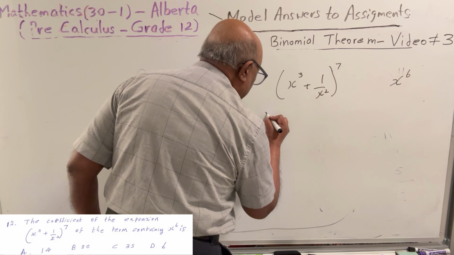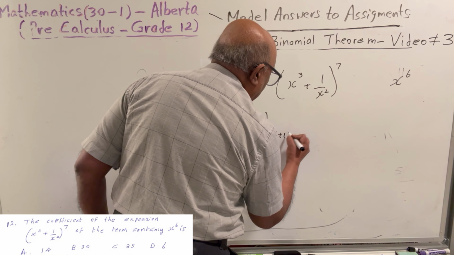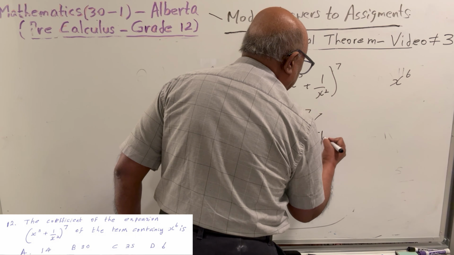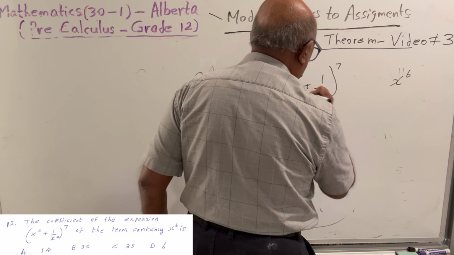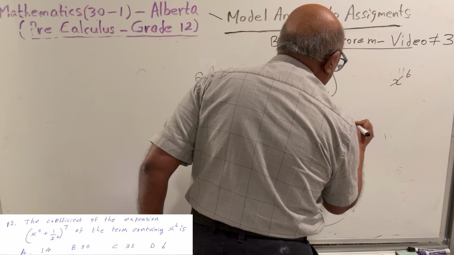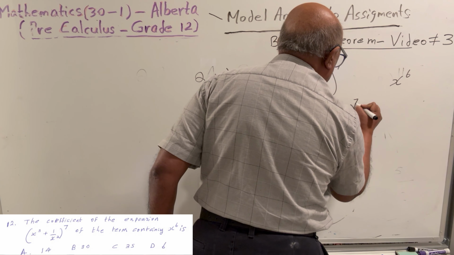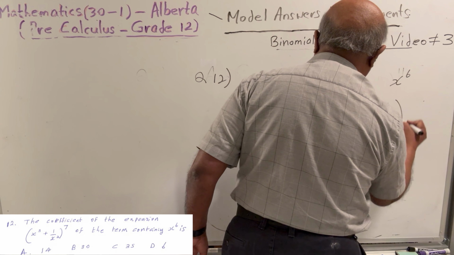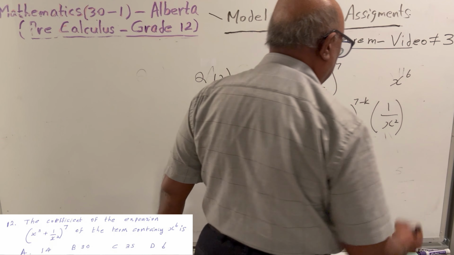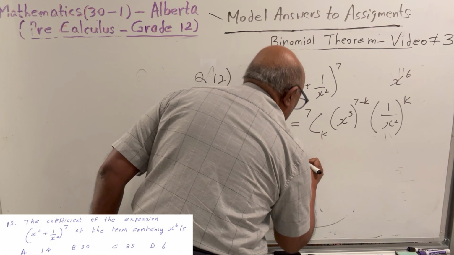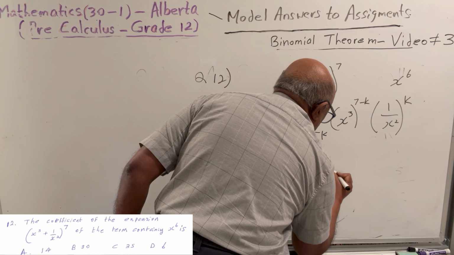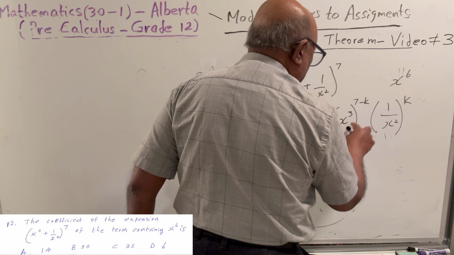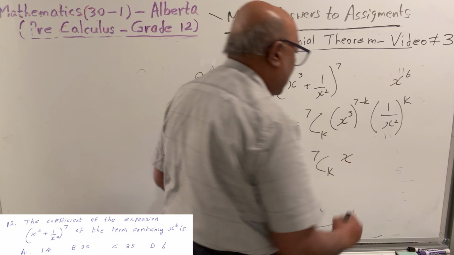Let's write our general term T(k+1) equals 7Ck a^(7-k) b^k. Let's simplify this. What is the power of x? I try to write in two steps.